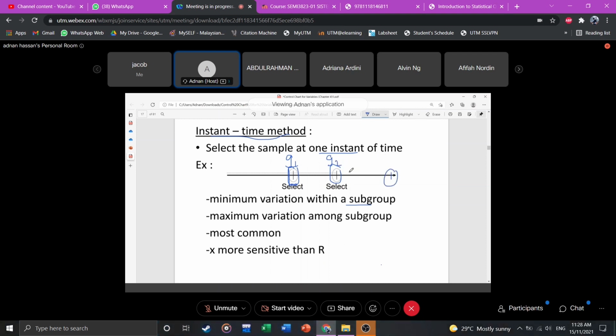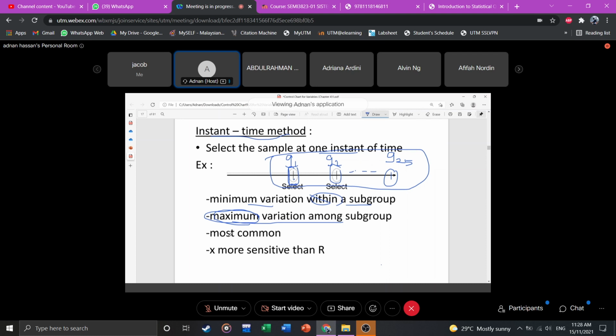So you continue to G25, 25 subgroups. Within each subgroup, there will be minimum variation, but maximum variation among subgroups. Subgroup 1 compared to subgroup 2, compared to subgroup 3, you will have maximum variation among the subgroups.